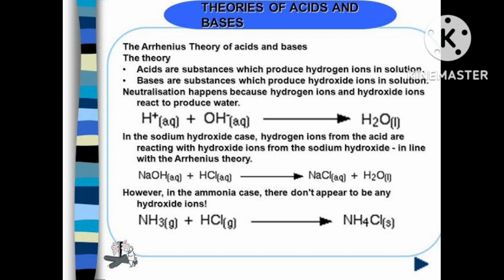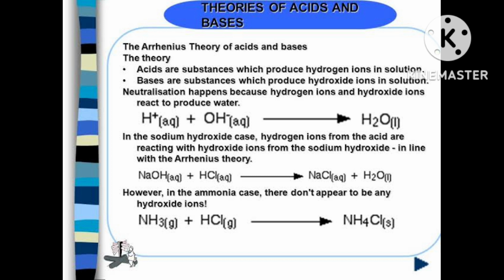Same way H2O, if it donates H+, as I already told you, it is an acid. When it accepts H+, it forms hydronium. Because it is accepting hydrogen, it is a base, and it is forming H3O+, the conjugate acid. Again they can come back also.